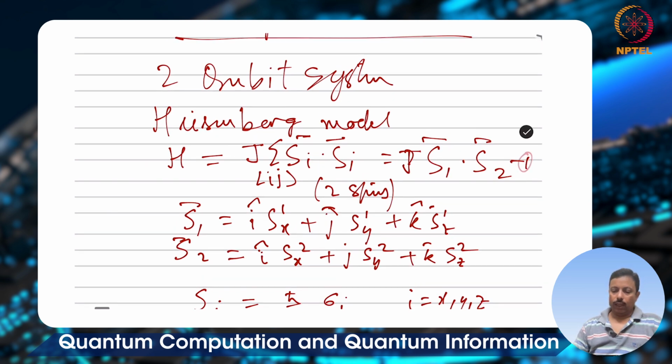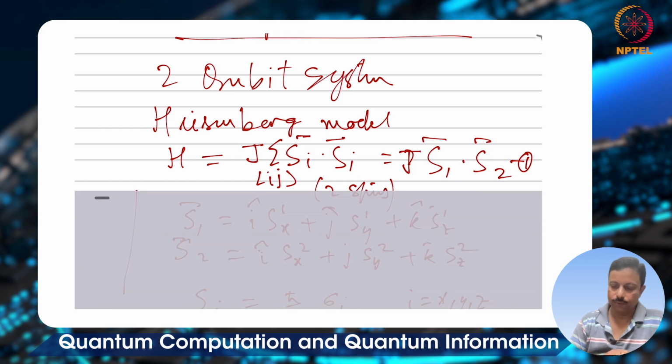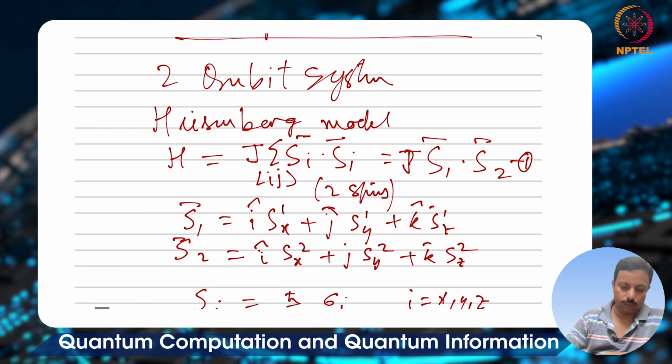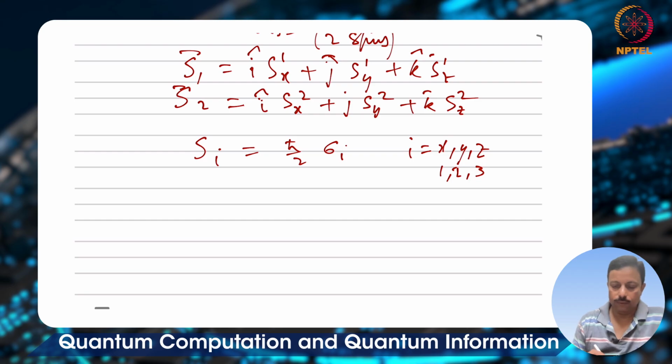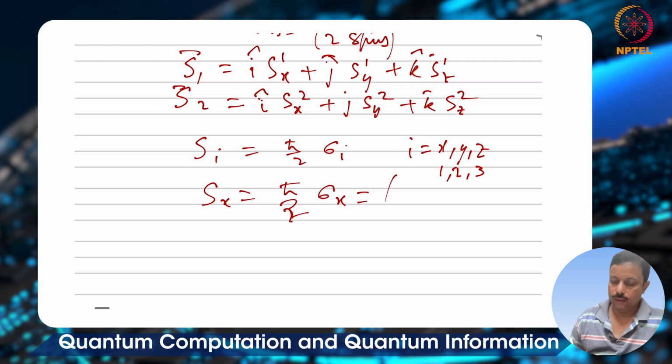Now, Sx is, say, h bar by 2 sigma x, which is 0, 1, 1, 0.